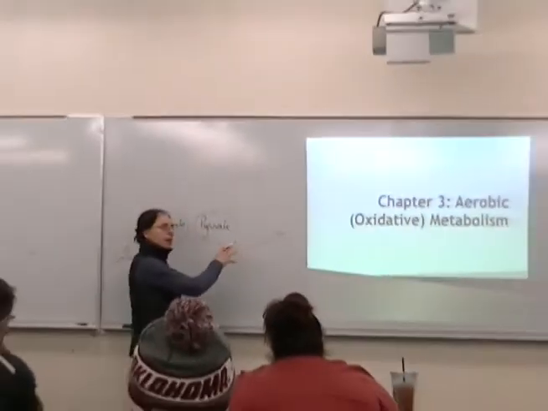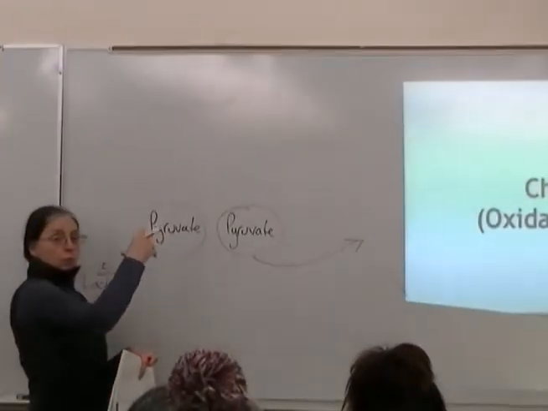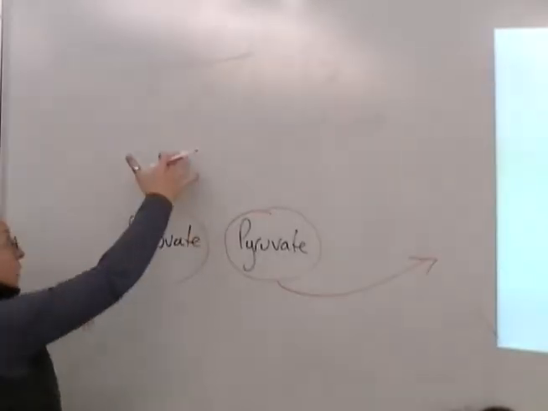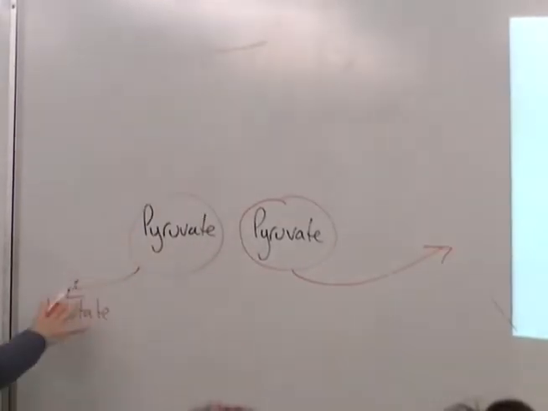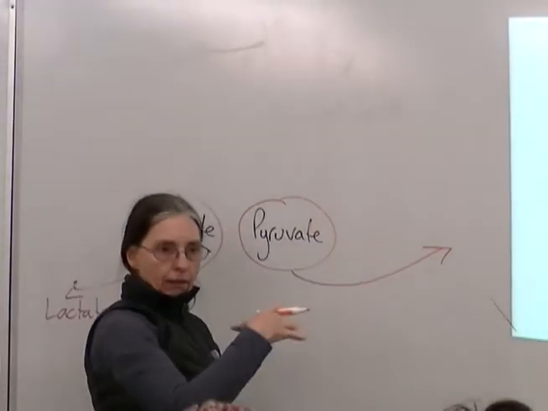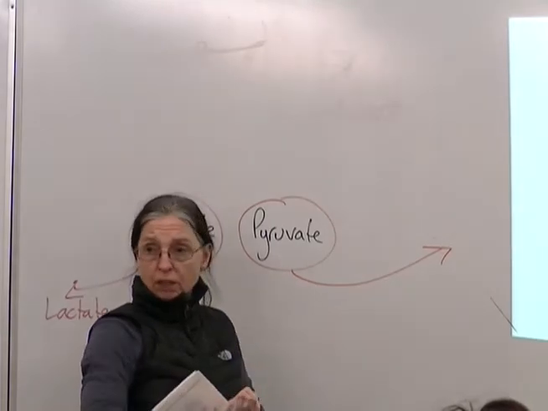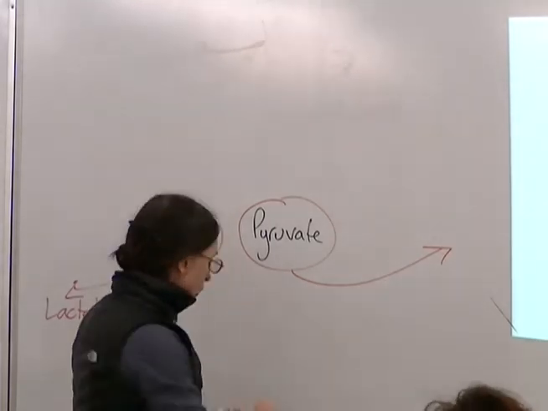That's why carbohydrate is an important fuel for exercise, because I can use it anaerobically and I can use it aerobically. It just depends on how much oxygen is available in the cell.